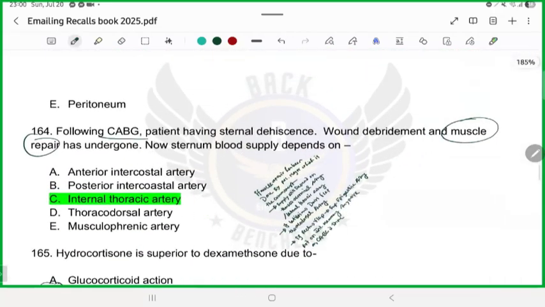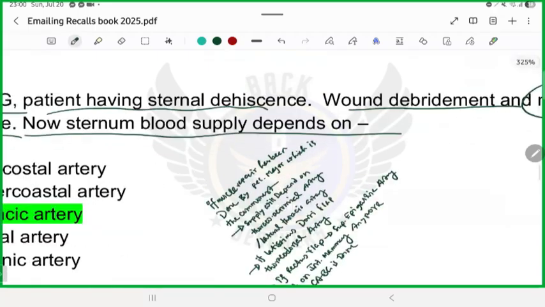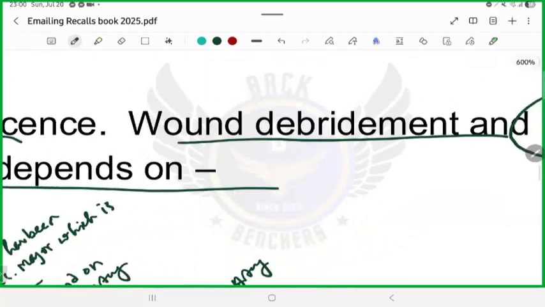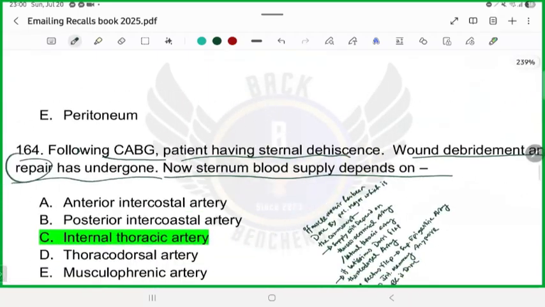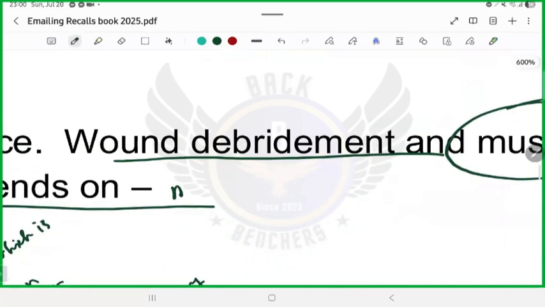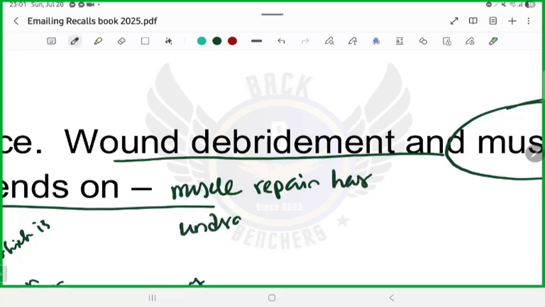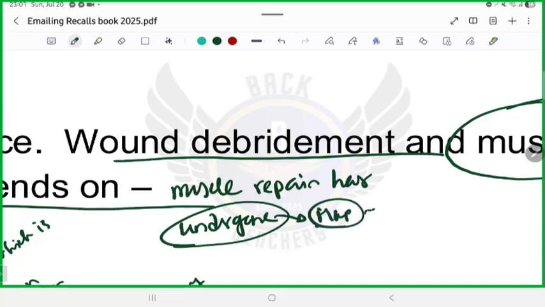Following CABG, a patient has sternal dehiscence, and wound debridement and muscle repair have been undertaken. Now, sternal blood supply depends on what? Remember, when muscle repair has been undertaken, the blood supply of the sternum depends on the flap.